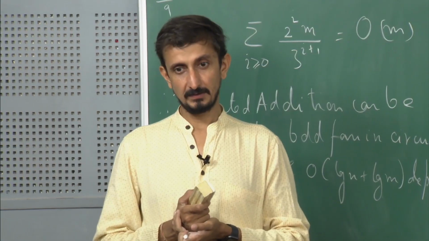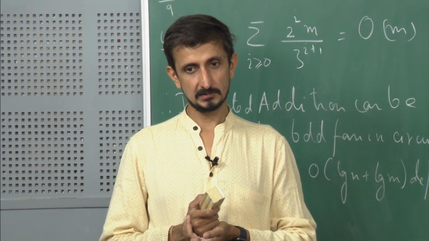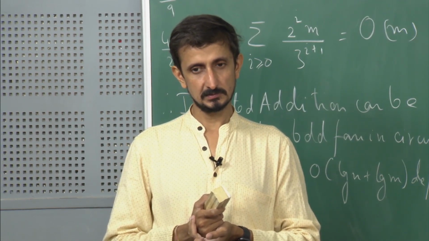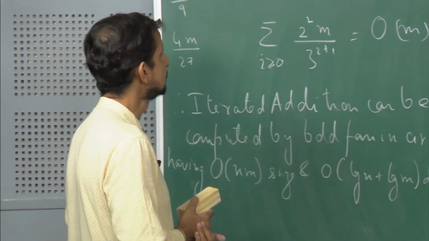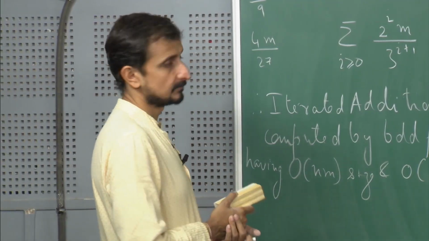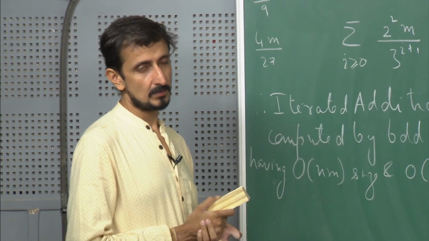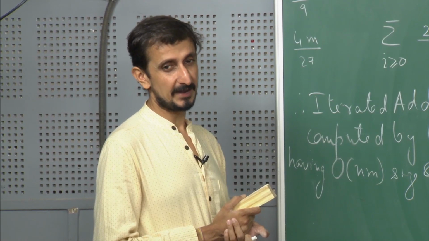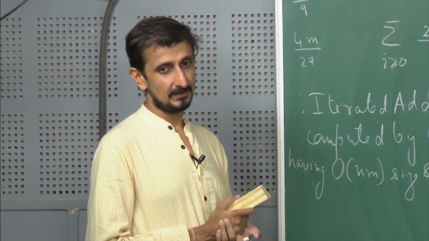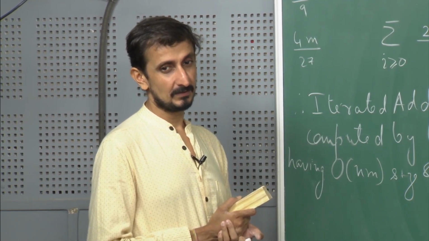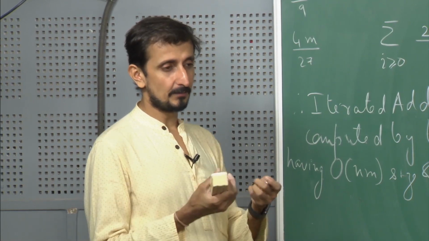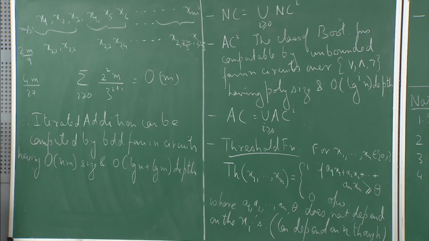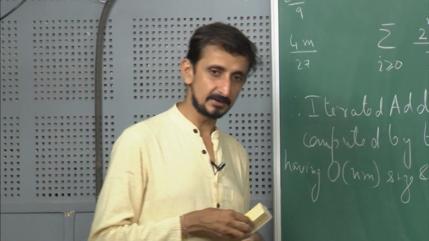Order of n square? No, it is not order of n square, it is order 2n actually, so n plus n, right? No, but you are multiplying 2 numbers. Here you are adding, sorry. Yes, multiplication will be order n square.